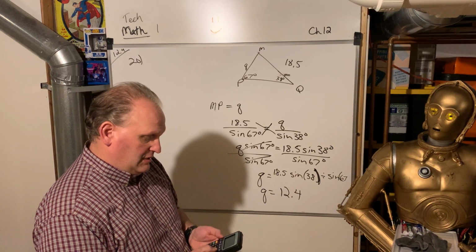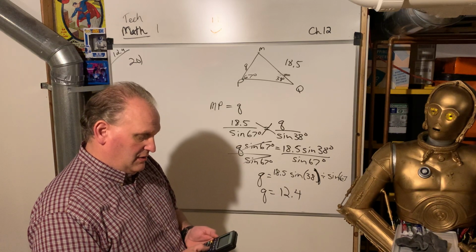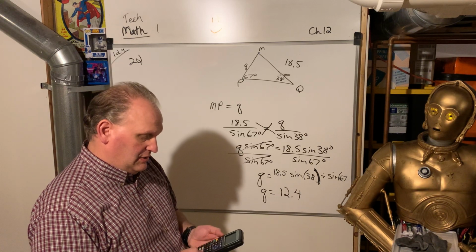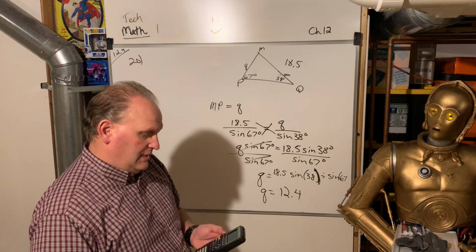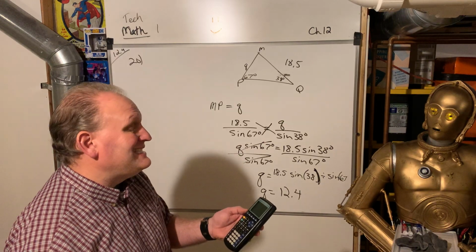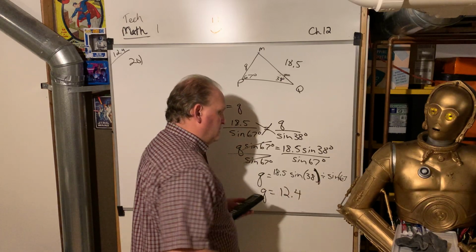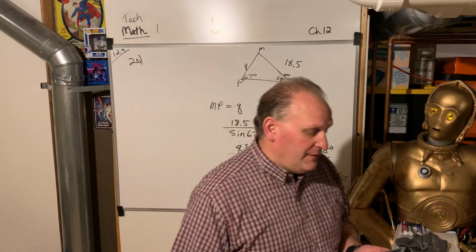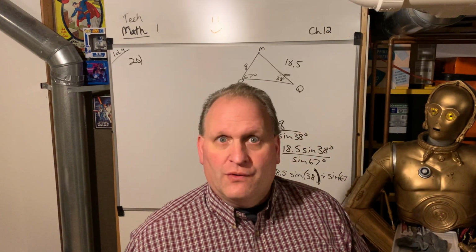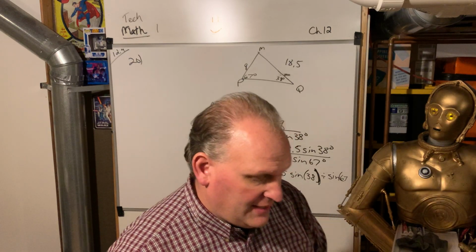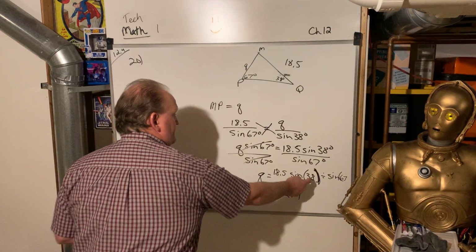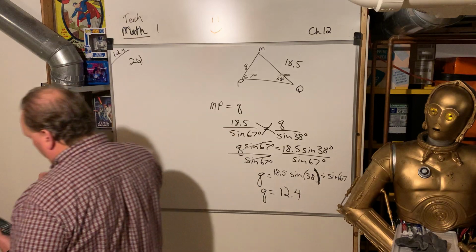So we'll go back up there, and insert that, and there's the 12.37, 12.4 when we round. Okay, so if you got 12.2, you did it wrong. You forgot the parenthesis after the 38. All right.